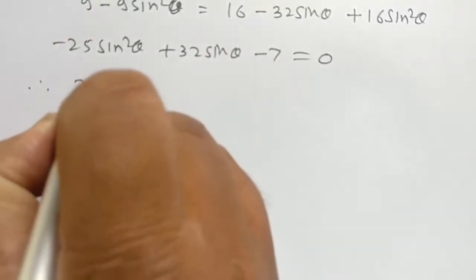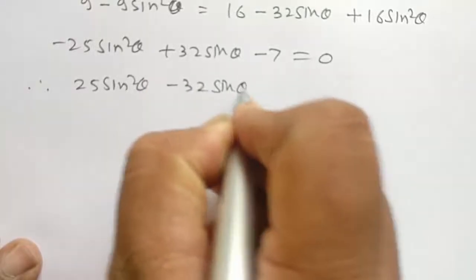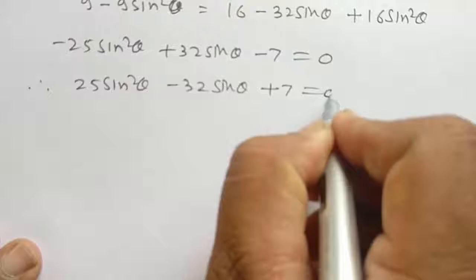Therefore, multiplying by -1 throughout, 25sin²θ - 32sinθ + 7 = 0.